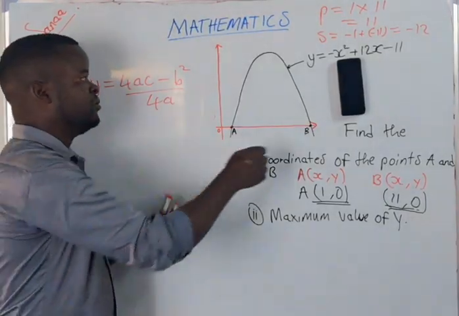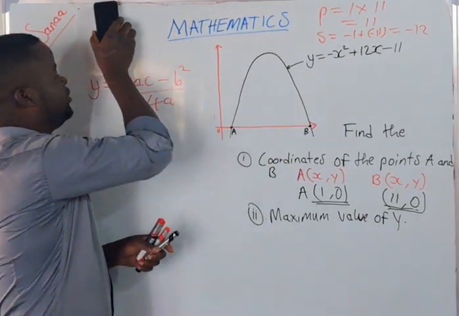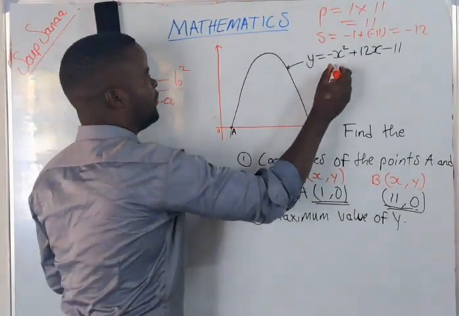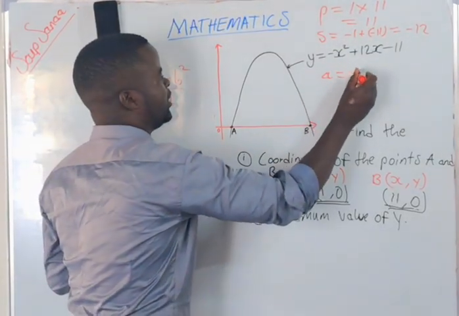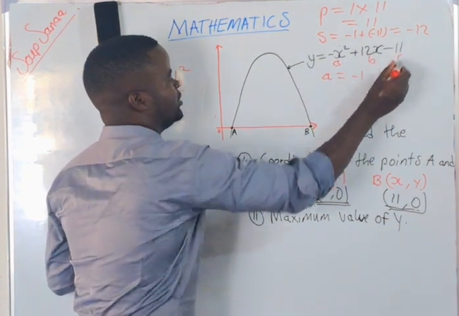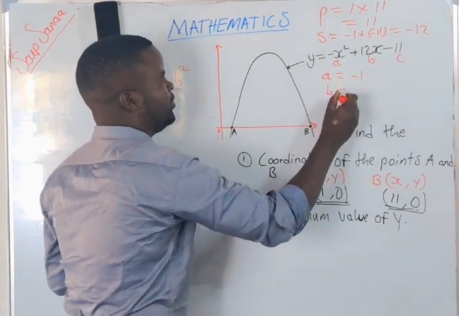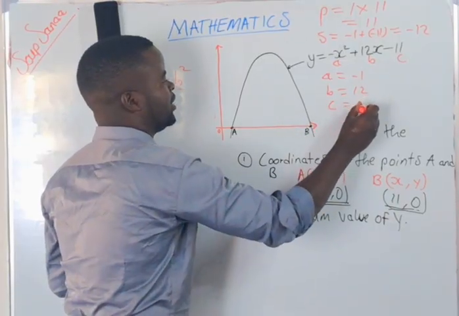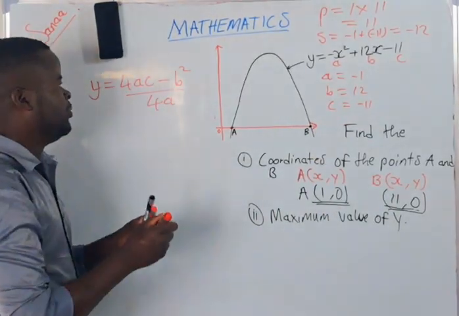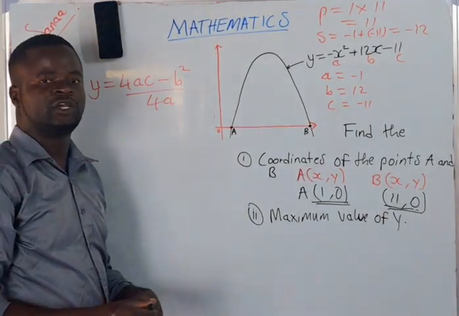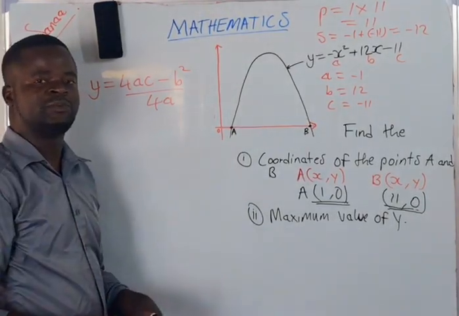So using this formula, this simply means that we need to revisit our equation and find the value of a. The value of a is -1, this is the value of b, this is the value of c. So the value of b is +12, and the value of c is -11. We are going to get these numbers and plug into the formula so that we can calculate. Remember, this is mathematics paper 1.